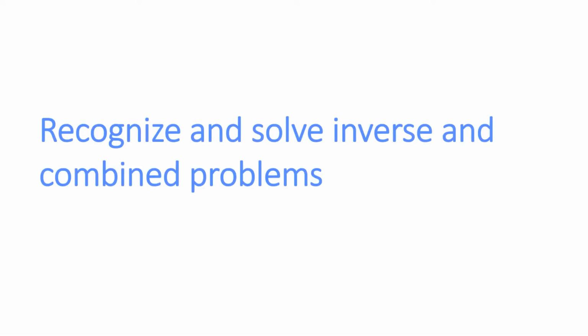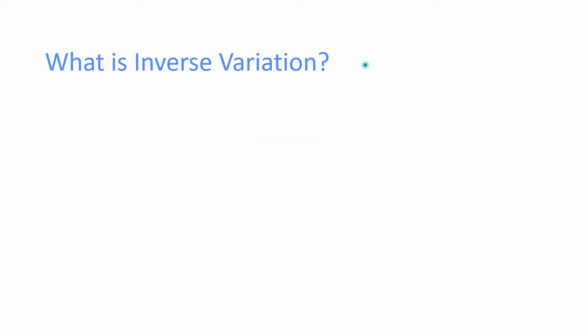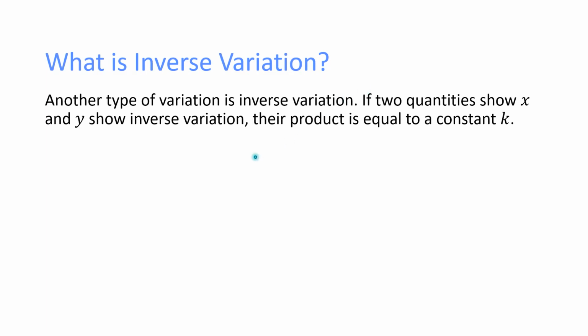Recognize and solve inverse and combined problems. What is inverse variation? Another type of variation is inverse variation. If two quantities x and y show inverse variation, their product is equal to a constant k.